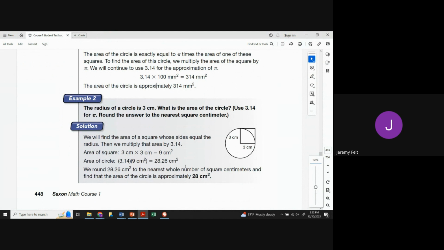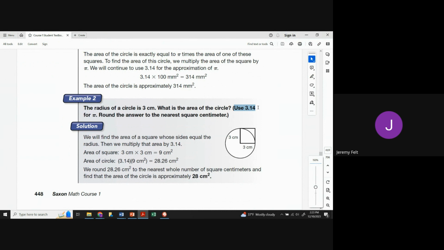So if we're rounding it, and we want to round to the nearest, we would have done 28. We got 28.26 and using that. In your problems and the homework, or the review, or the test, it'll say to use 3.14, 22/7, or leave it in terms of pi. Just use whichever one it tells you to, so that way we're not getting different answers just based on rounding or anything like that.